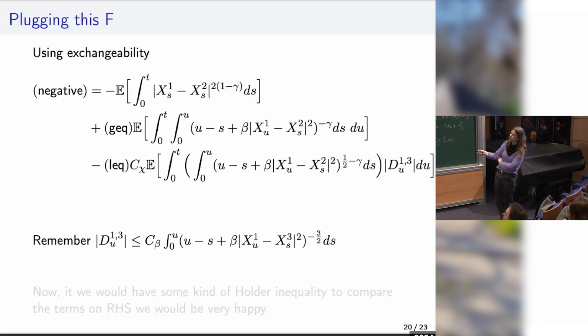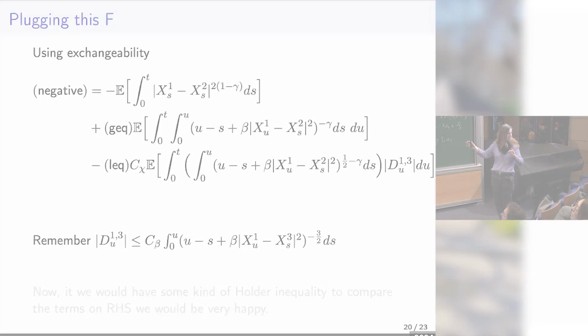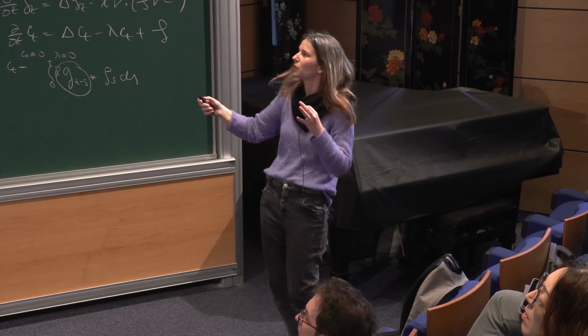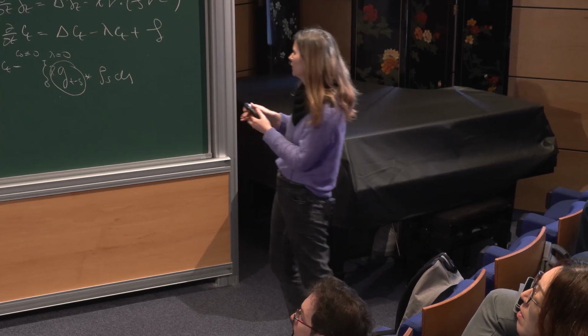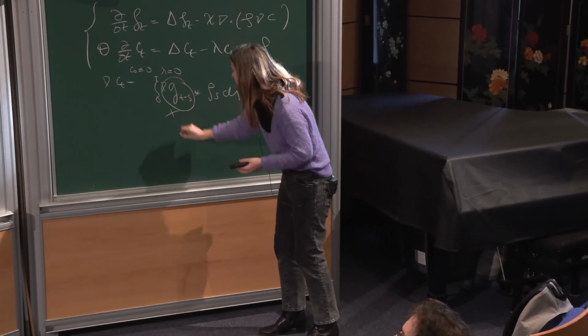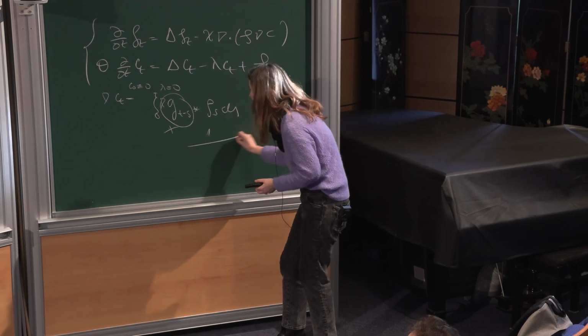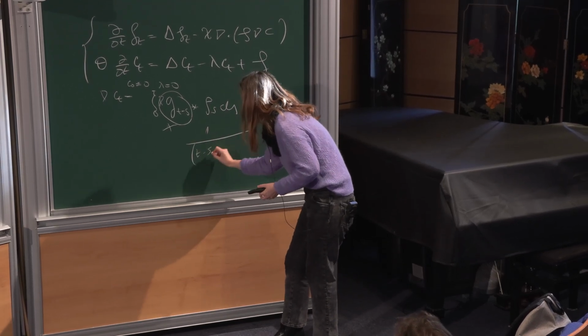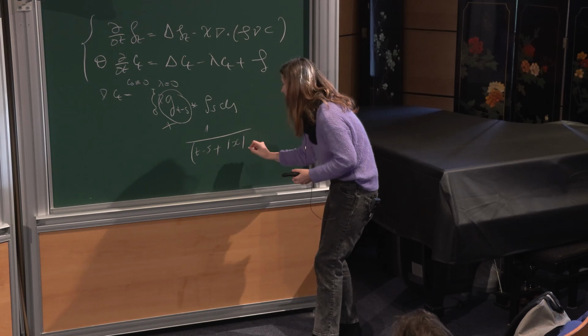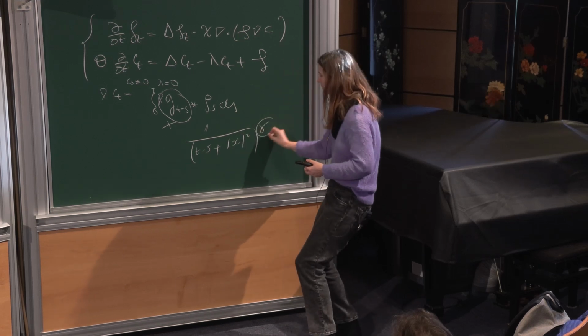And what you would want here, these are the lower and the upper bounds, is to dominate this guy with this guy to have only one crucial term, okay? So you need some kind of a Holder inequality that could compare. So there is no more gradient of g. There are terms of this form to some power, okay?